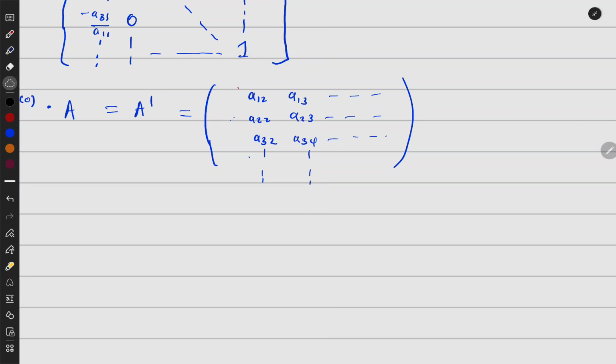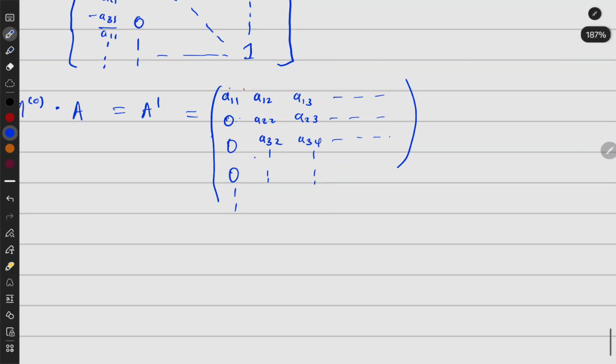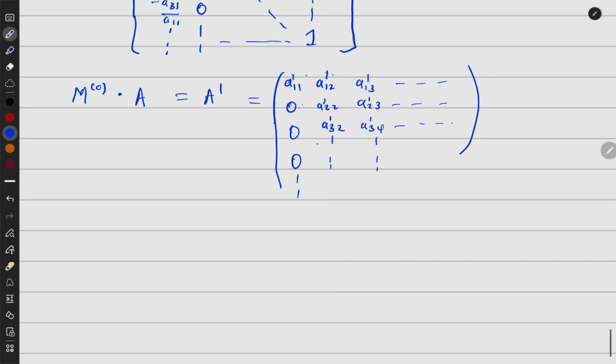You will get another matrix where this is A11. Now these ones will be zeros. Everything in this column downwards will be zeros. But these ones will change, of course. So they won't remain the same. Yeah, that's why I'm putting the bar, A1 bar.